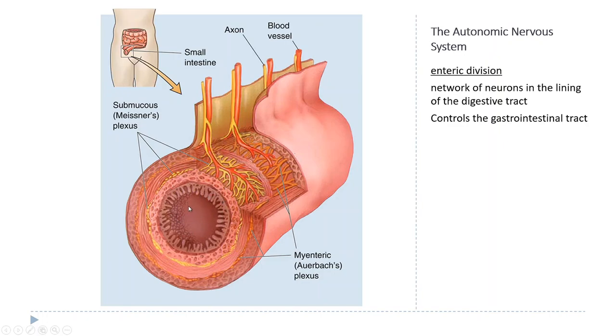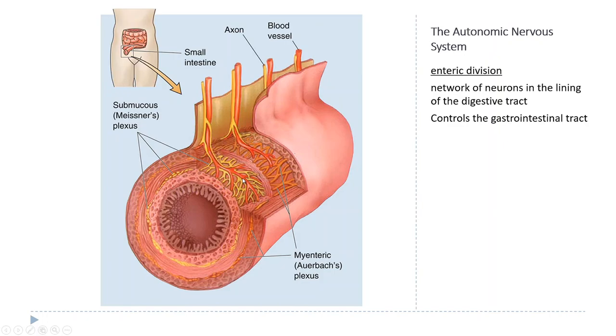Surrounding that, you have layers of connective tissue and then layers of smooth muscle that help move food along the tube, and then blood vessels and axons that are embedded in this mesentery tissue, this fascia that surrounds the intestines. Those neurons in turn control the muscles that move stuff along the intestine.